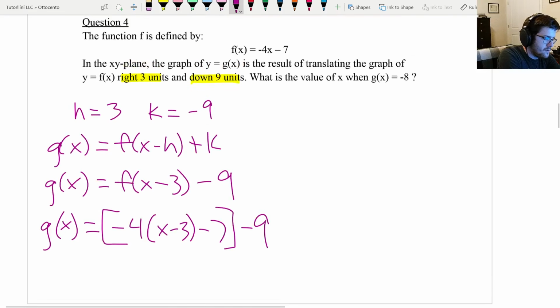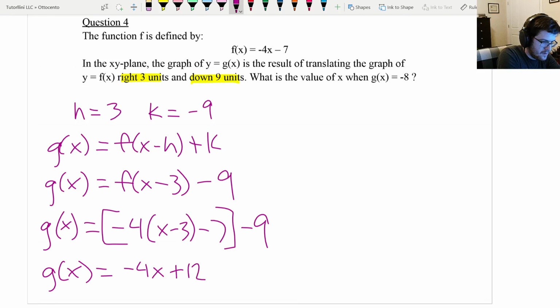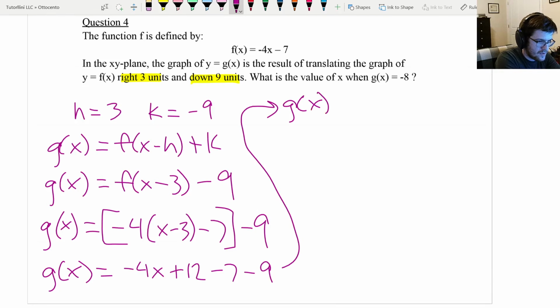And now we should get negative 4x plus 12 minus 7 minus 9. And that gives us negative 4x, and 12 minus 7 minus 9 is just negative 4. So that's negative 4x minus 4.